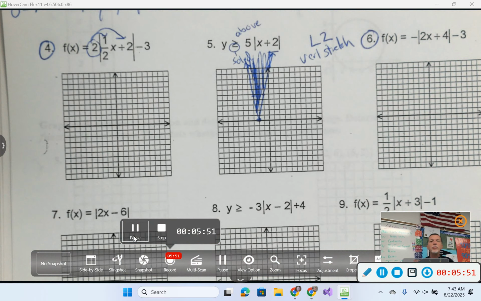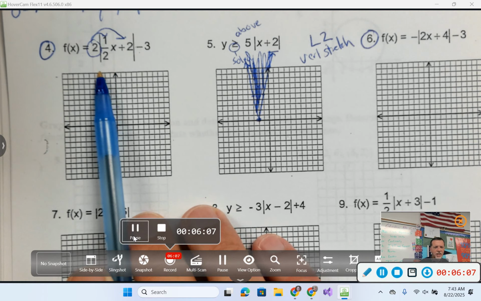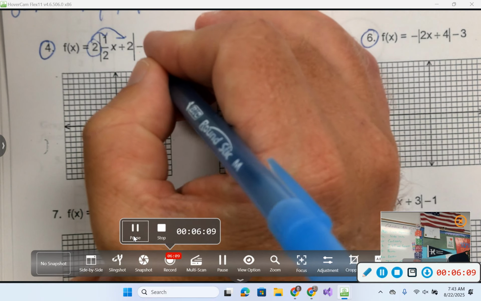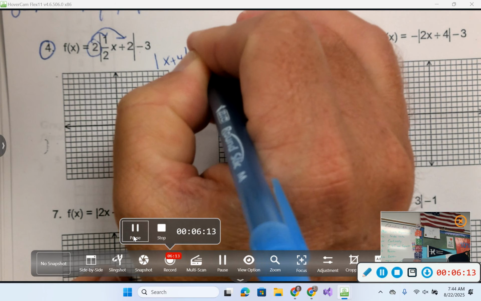Don't do that with a negative, because absolute value messes with negatives. So don't do a negative, but you can distribute the number into or out of an absolute value. And that way, instead of having to think about a vertical stretch and a horizontal stretch, just distribute the 2 in there. And so that makes x plus 4 minus 3.